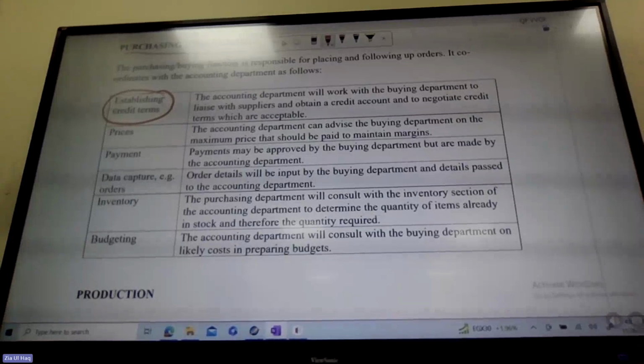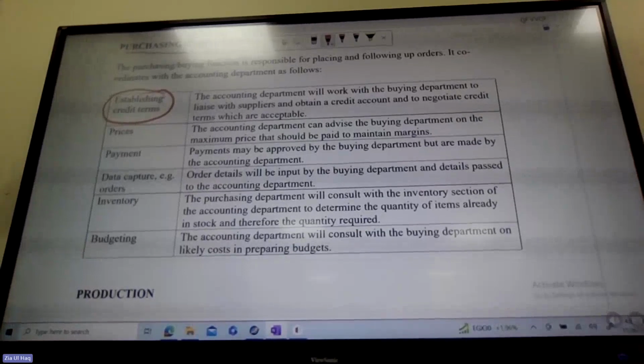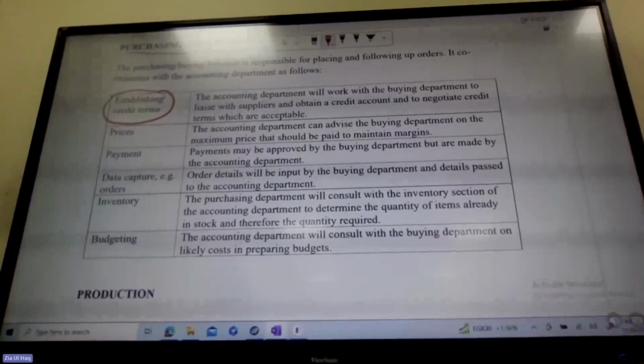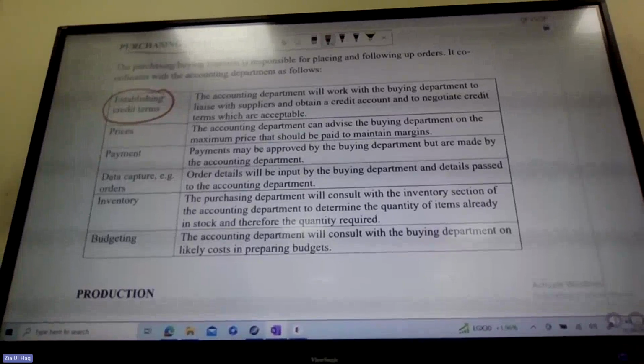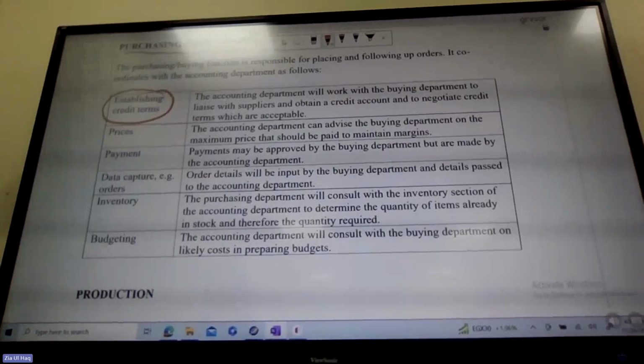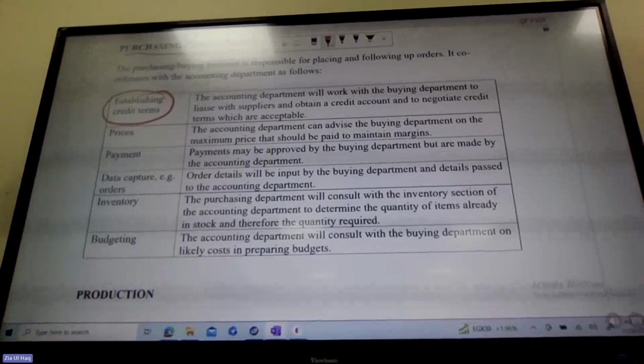Because if we place an order on credit, when are we going to pay in future? Up to how many days can we ask the supplier to provide credit, either 30 days or 60 days, so that the accounting department can manage the cash flow of the business.